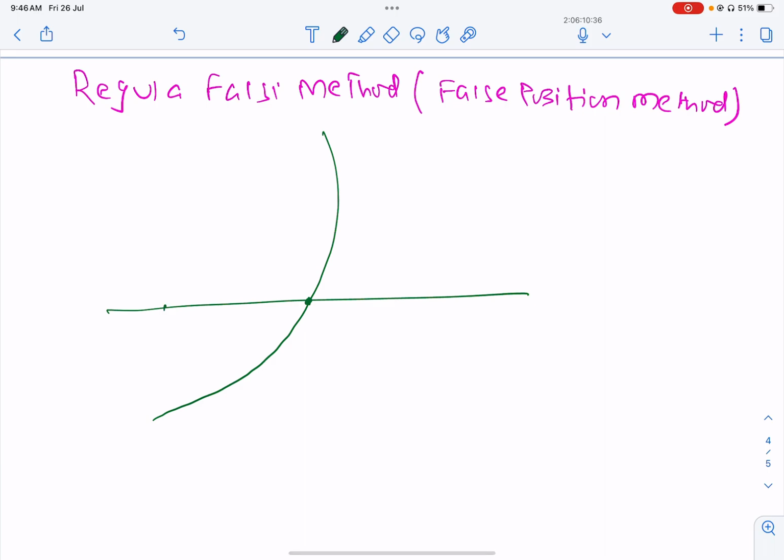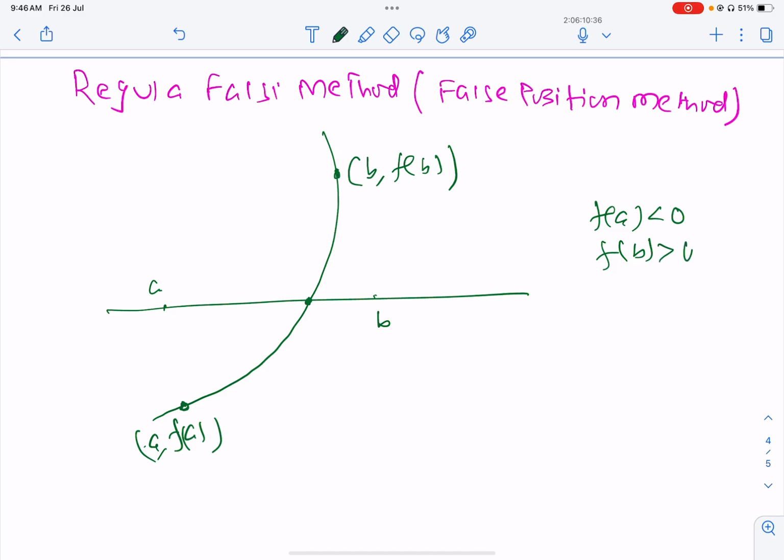Suppose there is a point A here, and some point B here. So here you can see that f(a) is negative and f(b) is positive.